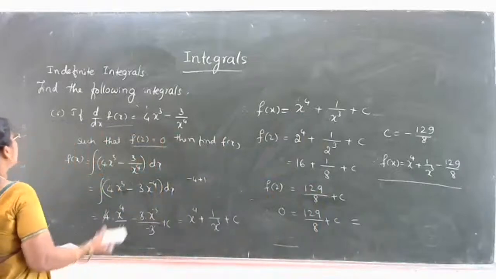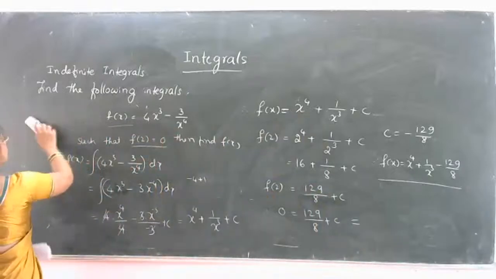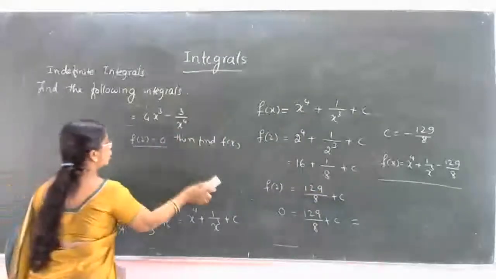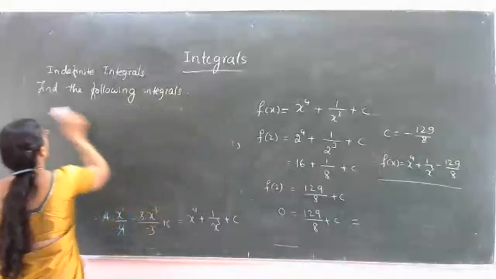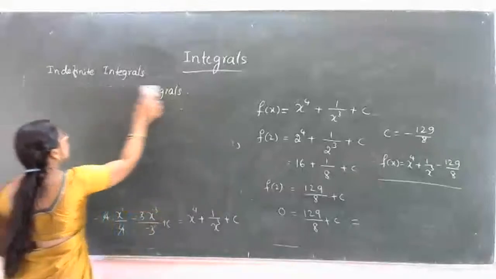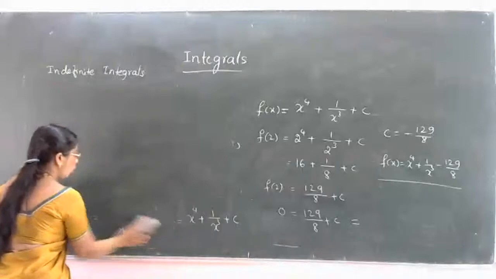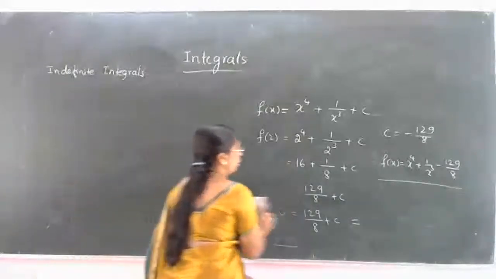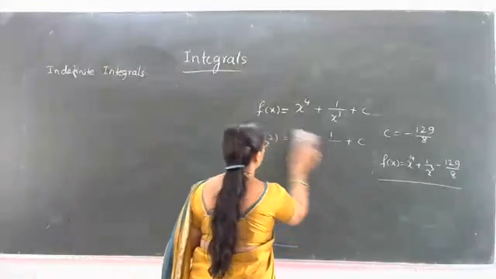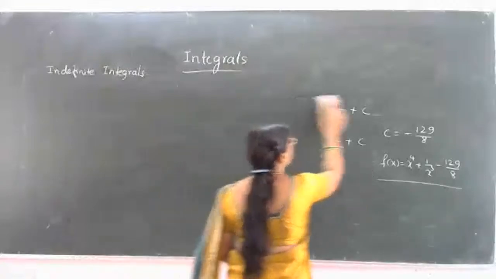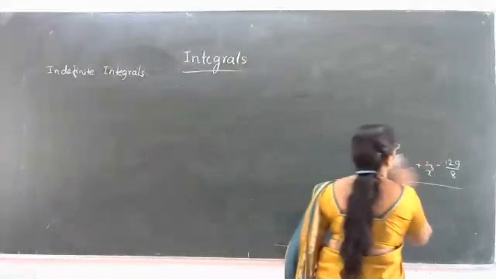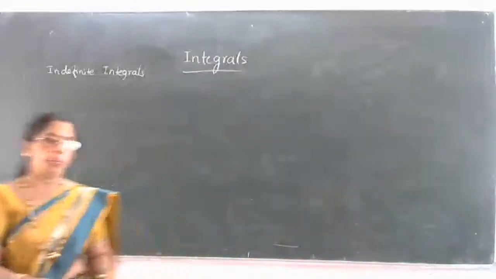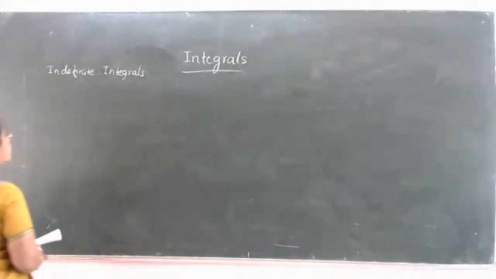Next, we solve these problems by using the formula and find the integration of this type of functions. But if the function is complex, we can't get the function by integrating this way. It is not possible. Therefore, we use some different methods to integrate the function.